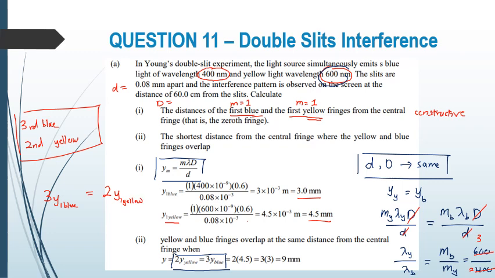Now you see we have already got these equations, the same as the one given in the solution. Substitute the values into the equations and you will get y, where they are overlapping, equals 9 mm. So that is the final answer.